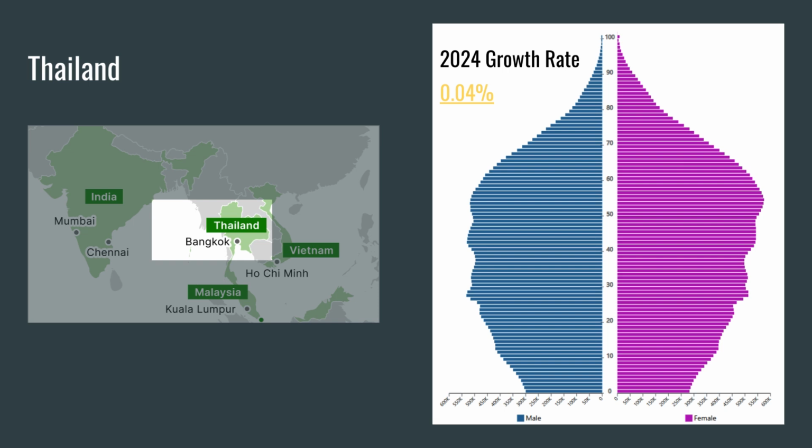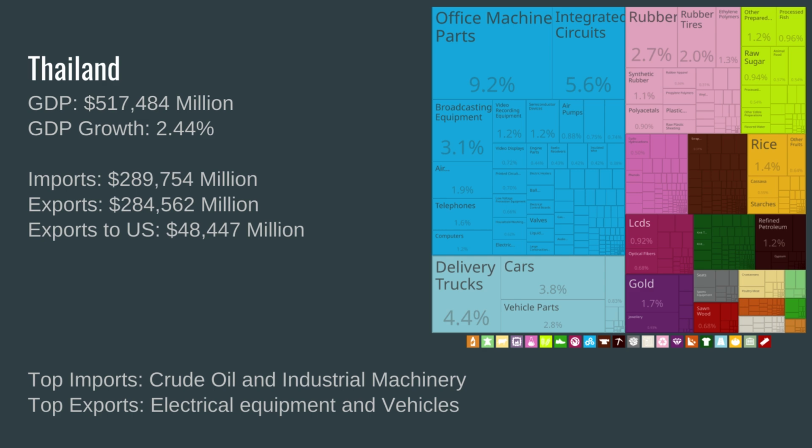Moving on to Thailand, we see that Thailand has an approximately stable population with no real significant growth rate, but again, the noted shape indicates somewhat declining birth rate. Economically, Thailand shows a slow but steady GDP growth and operates almost at net neutral, with imports only slightly outweighing exports.